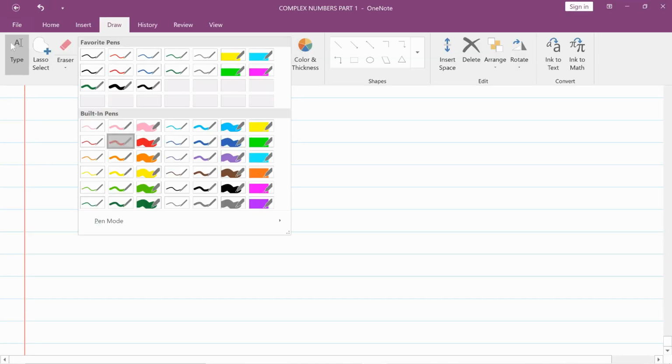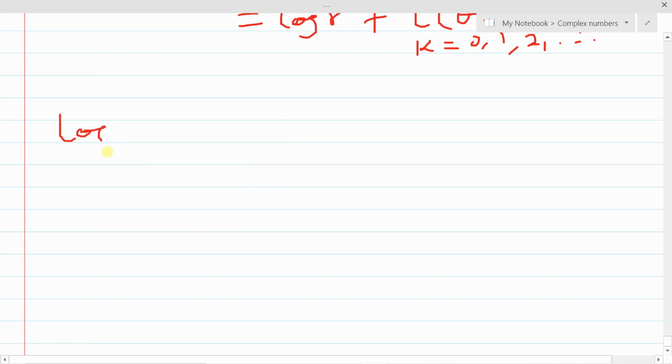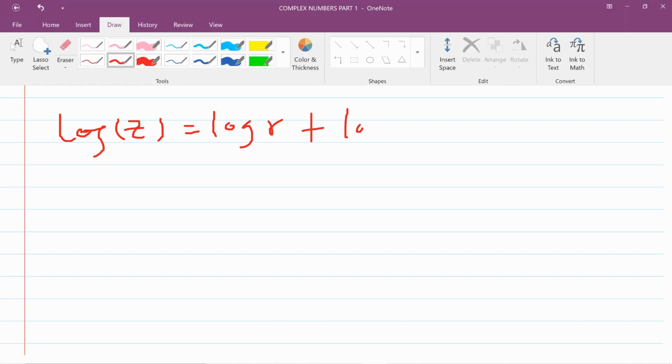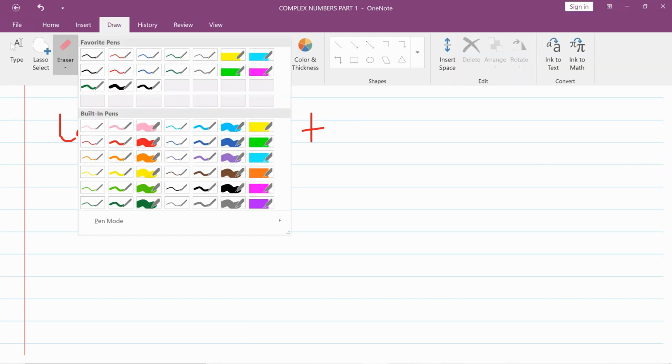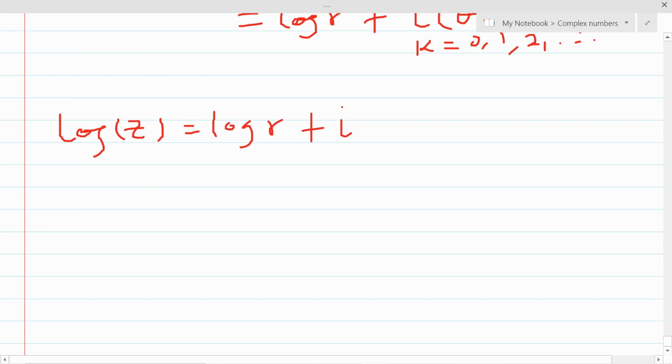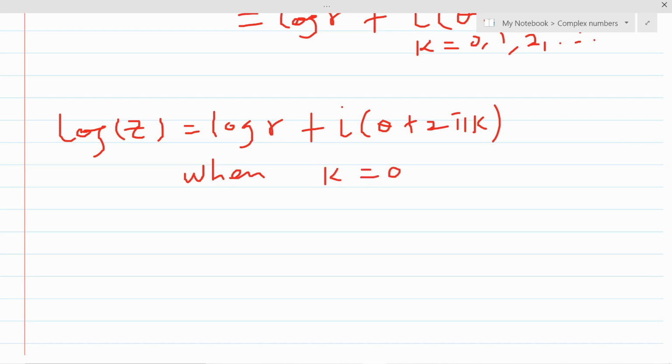Now with this logarithm of complex numbers, when I write the logarithm of z being equal to log of r plus i(theta plus 2 pi k), when k is equal to 0, I have log of z equals log of r plus i theta.